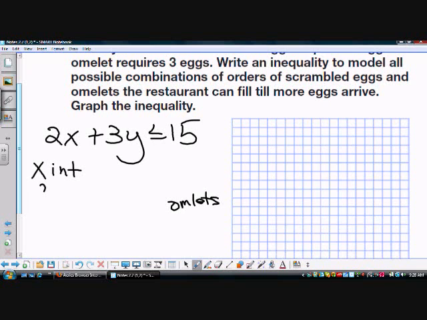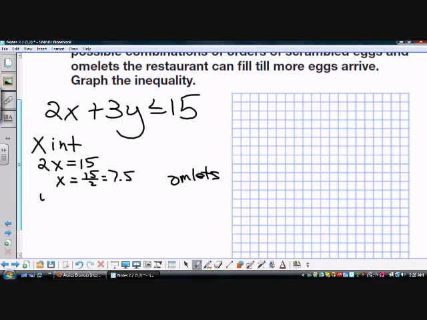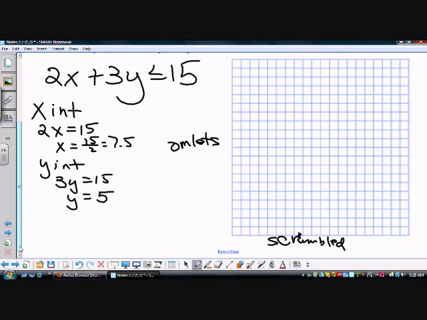You solve 2x equals 15, and x is 15 halves, or 7.5. X-intercept: 1, 2, 3, 4, 5, 6, 7.5. My y-intercept is make the x 0, and you get 3y is equal to 15. So y is 15 divided by 3, or 5. 1, 2, 3, 4, 5. There's my y-intercept.